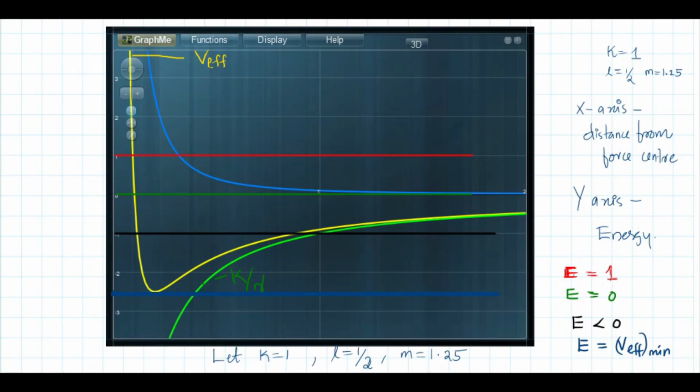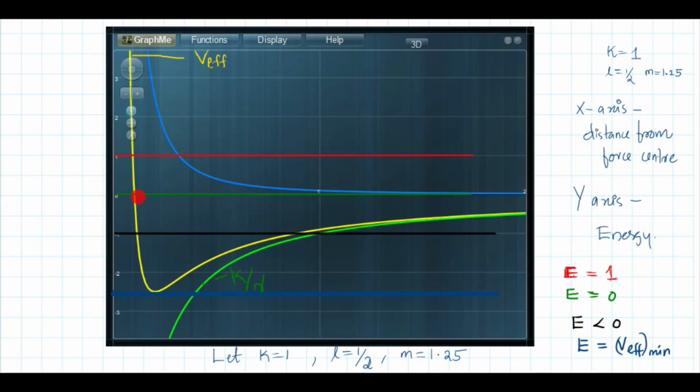Here you can see that beyond this distance R2 and below this distance R1, this yellow line is above the black line. Between R1 and R2, this yellow line is below the black line. For physically possible motions, V effective should be less than total energy.